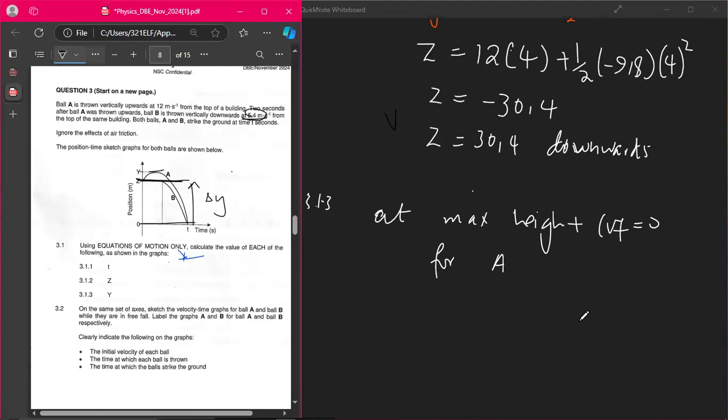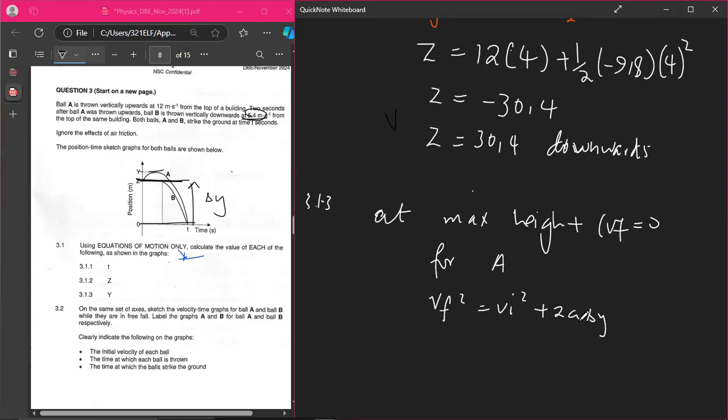So I'm going to say Vf squared equals Vi squared plus 2a delta y. Vf is 0 squared, Vi is 12 squared, plus 2 times acceleration, which is negative 9.8. Up is still positive. Remember, we started this motion with up as positive, and then delta y.